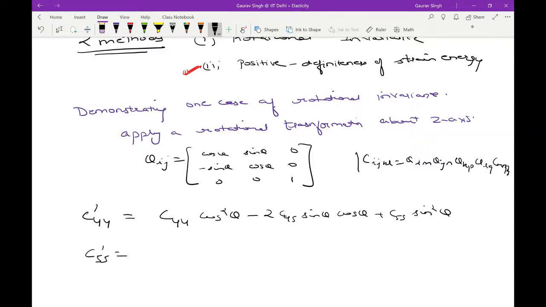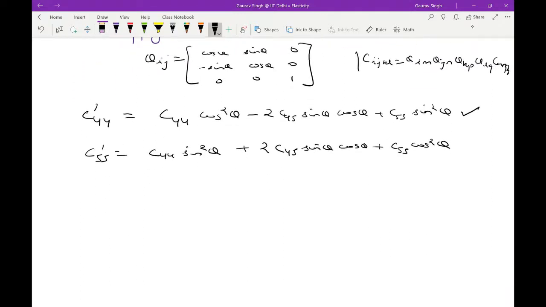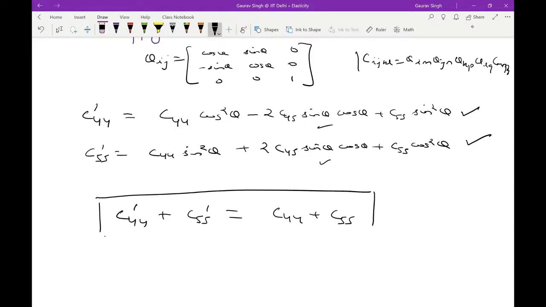Similarly, C55 dash would be equal to C44 sine square theta plus 2 C45 sine theta cos theta plus C55 cos square theta. Now if you add this and this, you get C44 dash plus C55 dash is equal to, so this term and this term will get cancelled, and cos square theta plus sine square theta equal to 1, so you get C44 plus C55. So this is the so-called rotational invariance. You didn't assume that 44 dash would be equal to whatever you have on the right hand side.